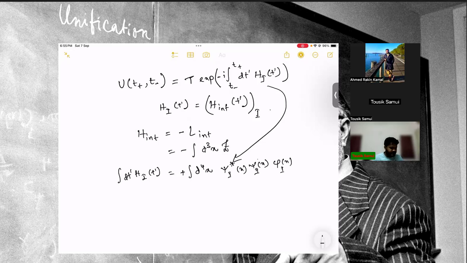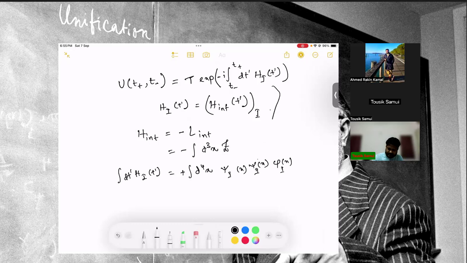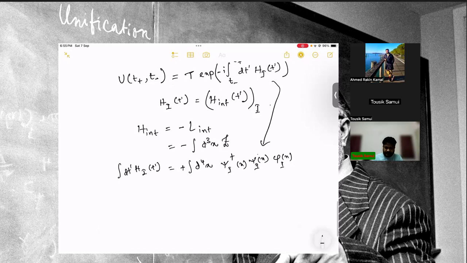All these are in the interaction picture, and it is an operator, so it is no number. This will be dagger. Okay, so this is the thing.